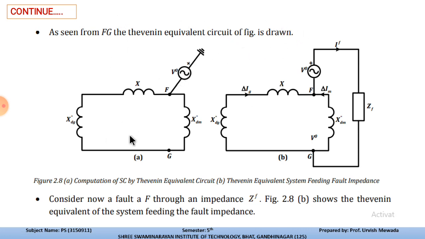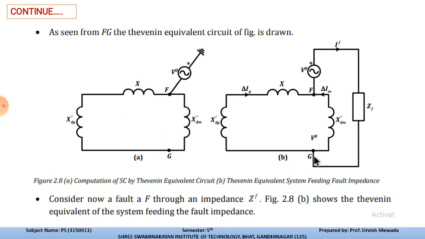All the EMFs of the generator and the motors are replaced with a short circuit, and only the reactances X double dash dG and so on remain in the circuit. This is the computation of the short circuit by the Thevenin equivalent circuit.